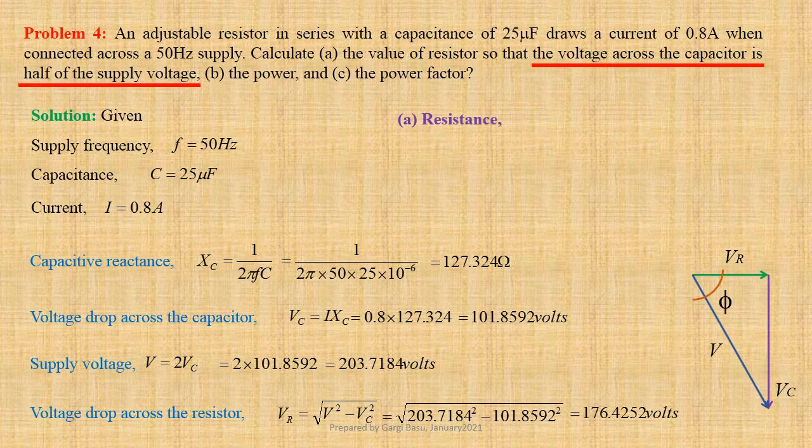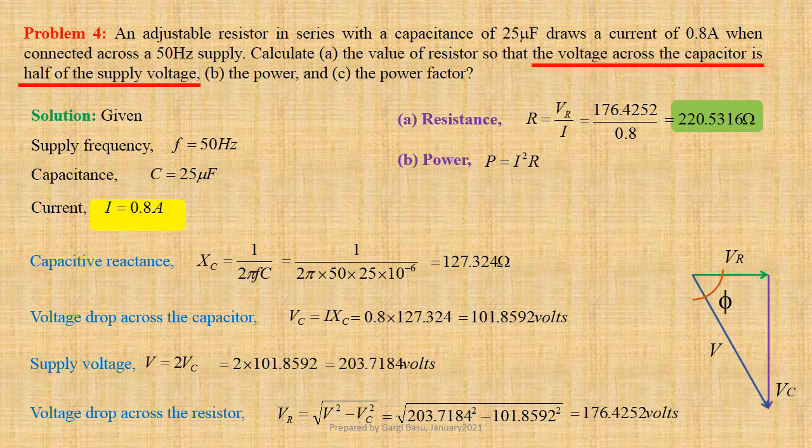Circuit resistance R equals VR divided by I, that is equal to 176.4252 divided by 0.8. That gives us 220.5316 ohm.